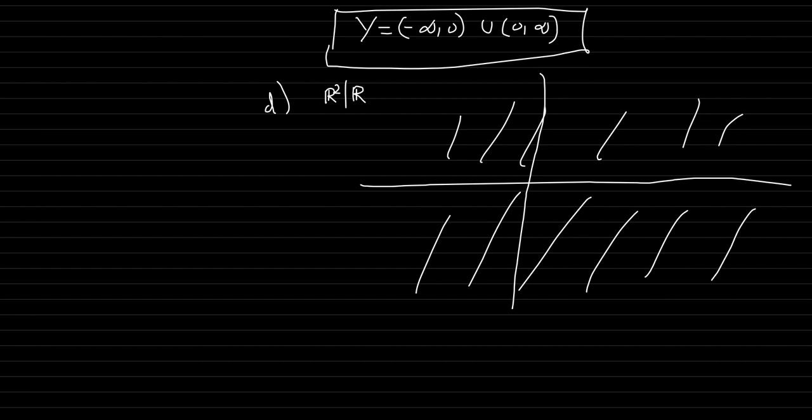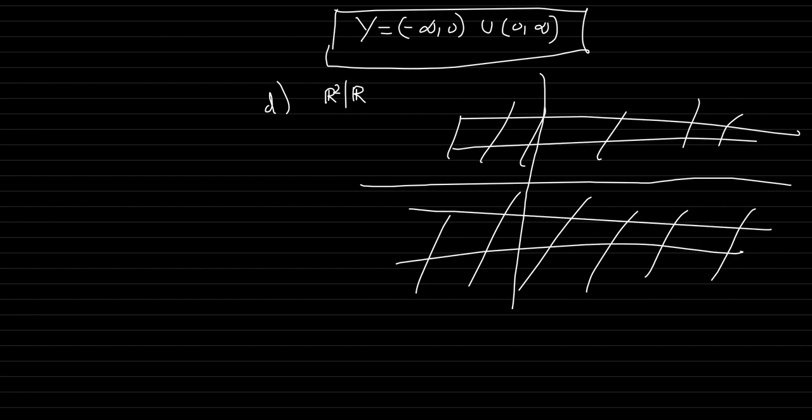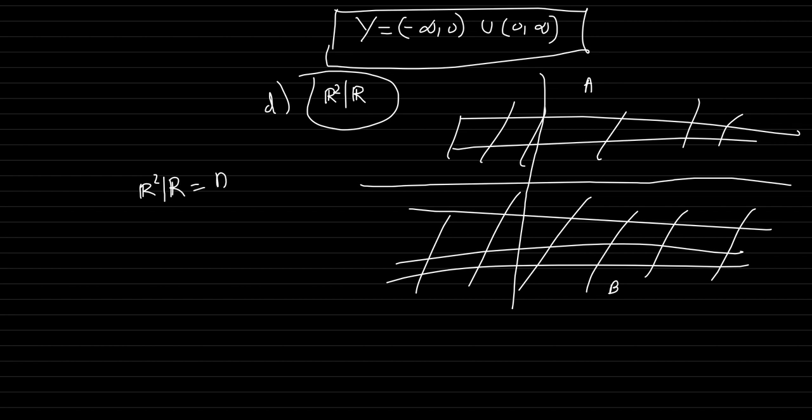And these upper and lower planes are open in R² minus R. When we consider the upper plane as the set A and the lower plane as the set B, then R² minus R is equal to A union B, and A intersection B is equal to phi, and A and B are two non-empty open sets in this relative topology R² minus R. Therefore, R² minus R is disconnected.